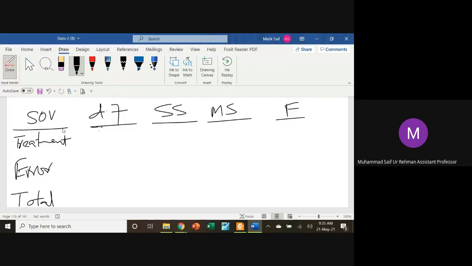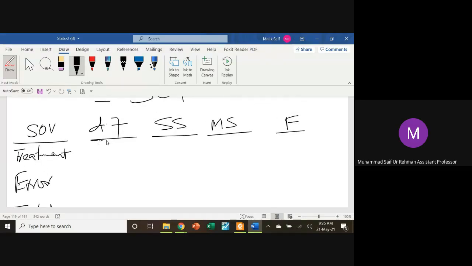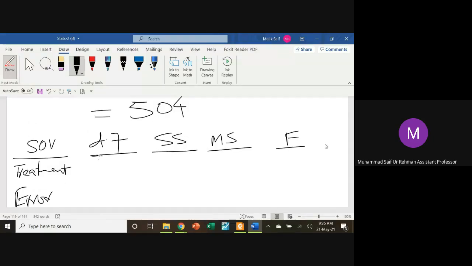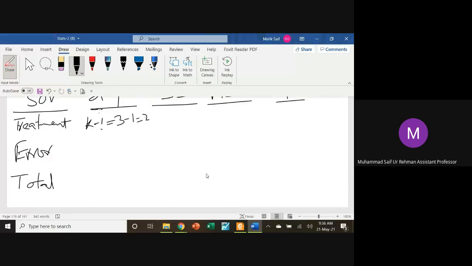Treatment means in the first case you have to see how many treatments there are. Basically there are 3 treatments, so degree of freedom will be K minus 1, number of treatments minus 1. That is 3 minus 1, answer is 2. Error, what will be the degree of freedom?